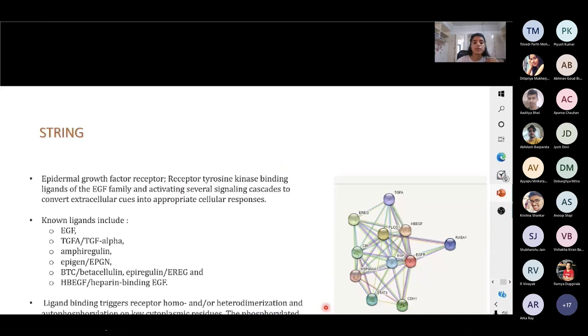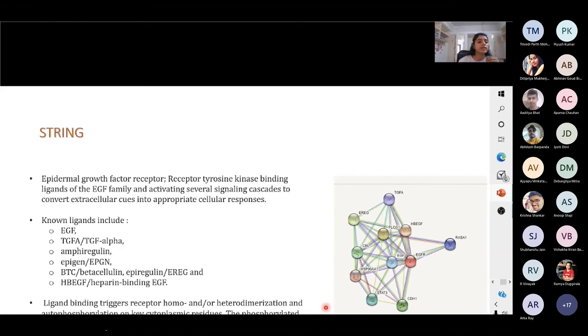So when I performed the STRING analysis, the EGF growth factor itself acts as a ligand, and the EGF growth factor receptor can bind to various ligands.